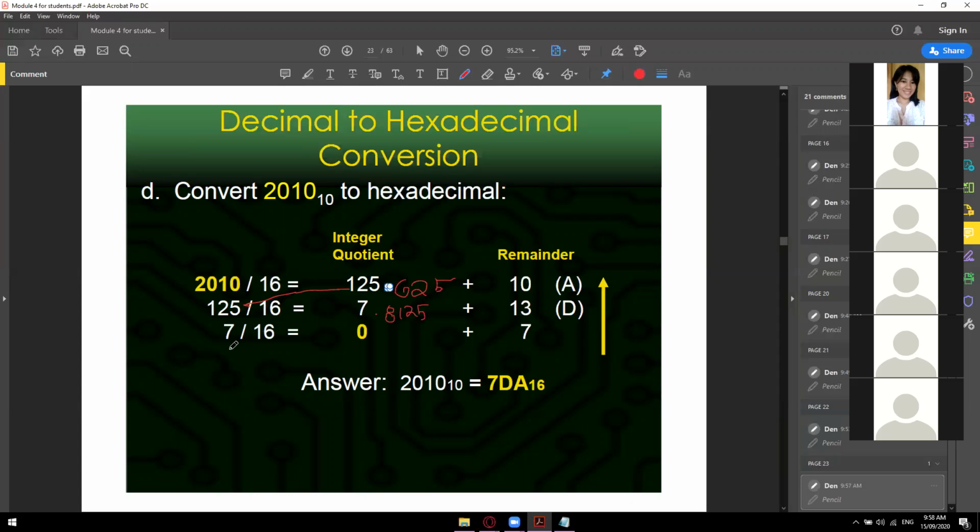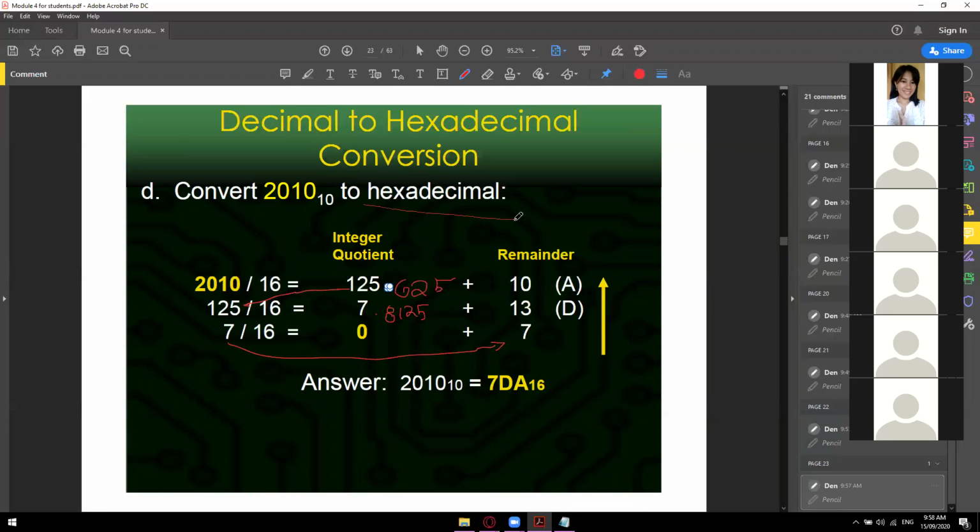And then 7 divided by 16 cannot be. So, just put here 0, and then whatever is the last number here will go to your remainder. And then kapag 0 na to, that would be your final answer. Doon ka natitigil. So, 7, 13, and 10.